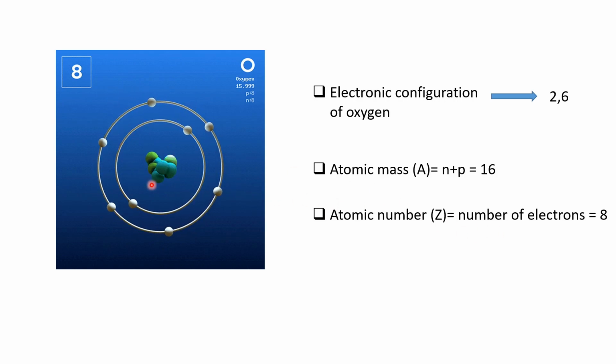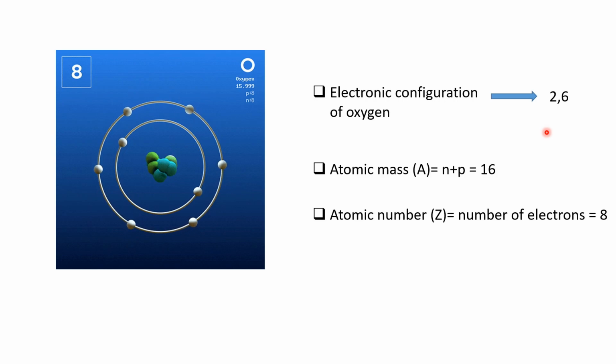So here the oxygen atom is in the neutral state, and so the number of electrons is 8. I can also say it is the number of protons. So whether it be the number of electrons or the number of protons, it is 8. So atomic mass is 16, atomic number is 8, and the electronic configuration of oxygen is 2, 6.